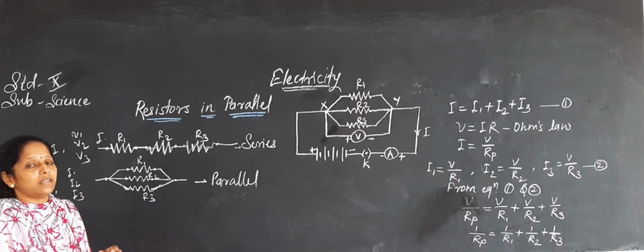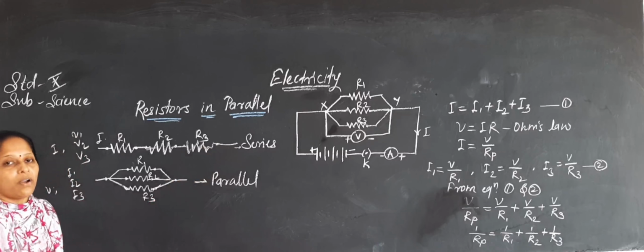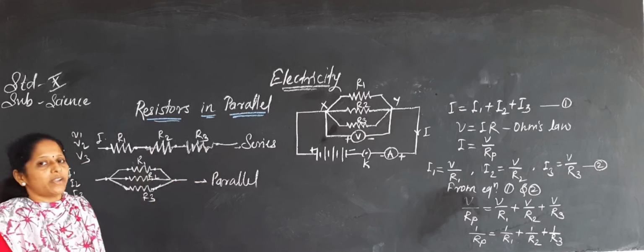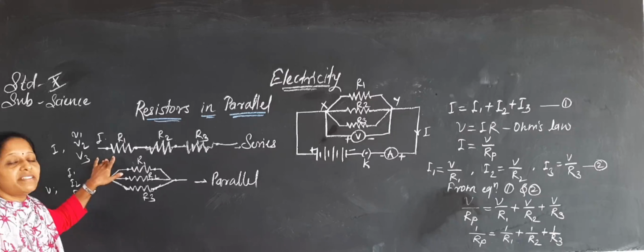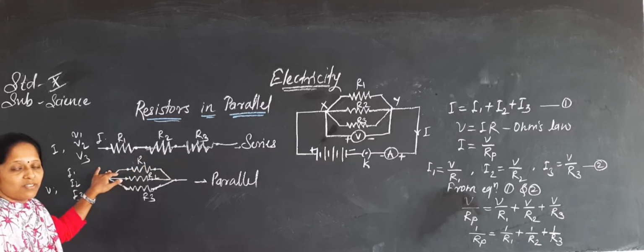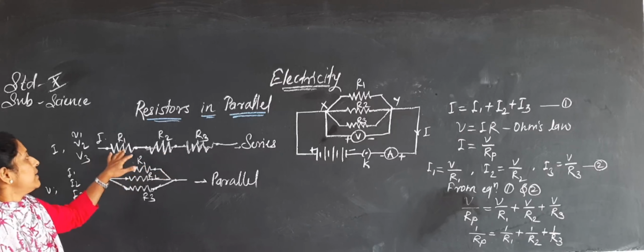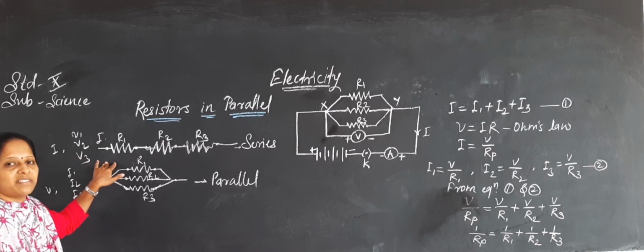And we saw yesterday in the series connection, when we join resistors in series, the current flowing through the resistors is the same, it is not changing, and there is a change in the potential differences.